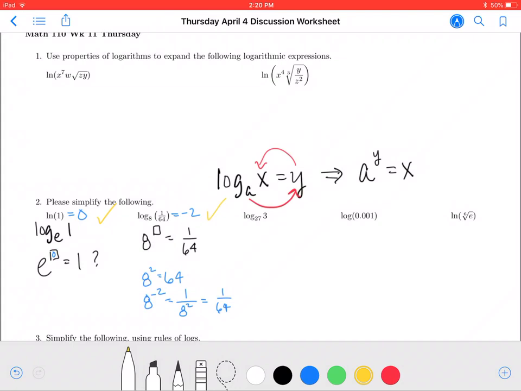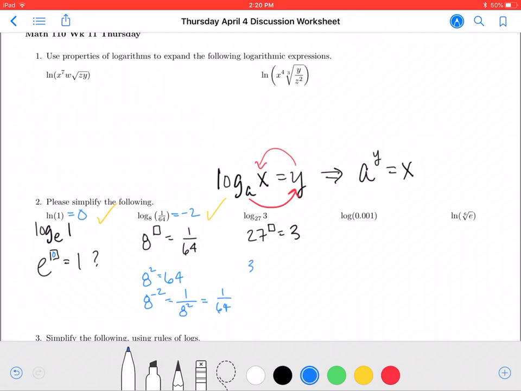All right, next one, log base 27 of 3. So this one is asking 27 to what power is equal to 3? Okay, so let's think. What's the relationship between 27 and 3? Well, let's think about it backwards.